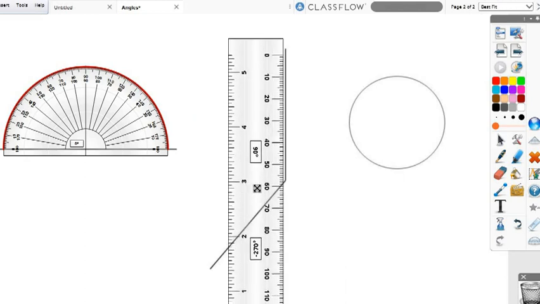We place our ruler, we draw our line. Let's draw a very clean line.